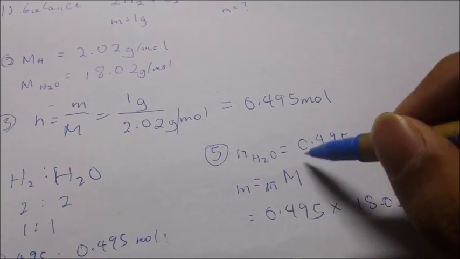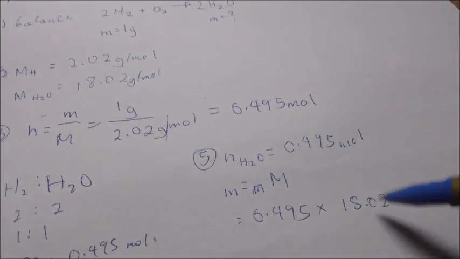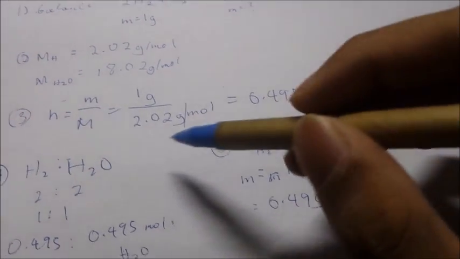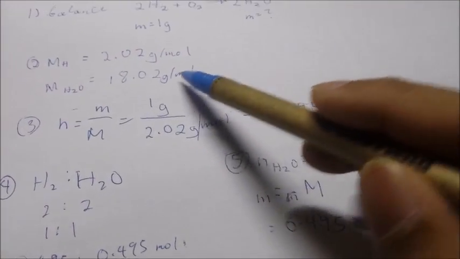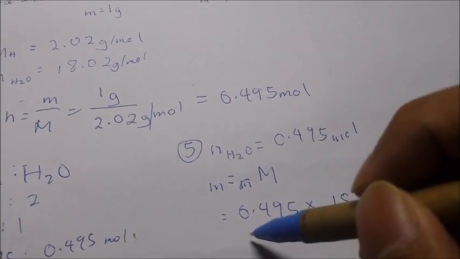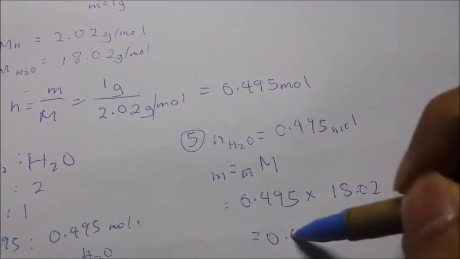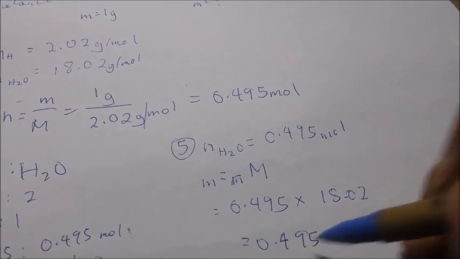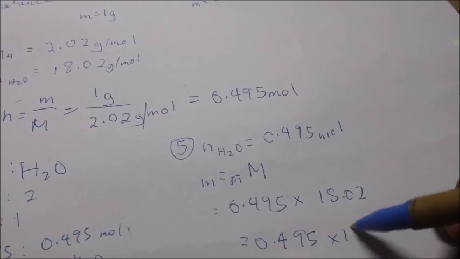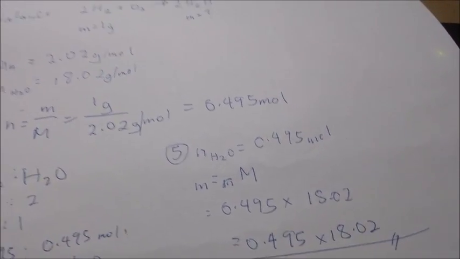This one is the number of moles of water we got here times the molar mass of water, basically of H2O. So the answer is gonna be equal to 0.495 times 18.02. That's stoichiometry, guys.